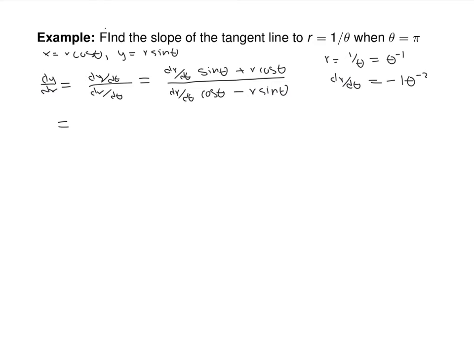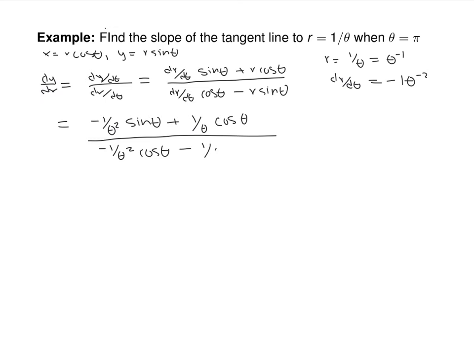So inputting all that we know, our derivative here is negative 1 over theta squared times sine of theta plus 1 over theta times cosine of theta, all over negative 1 over theta squared cosine theta minus 1 over theta sine theta.